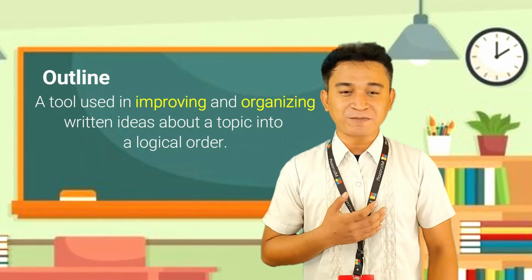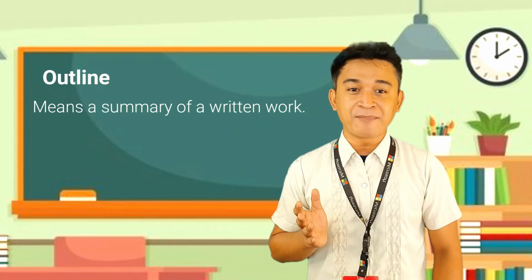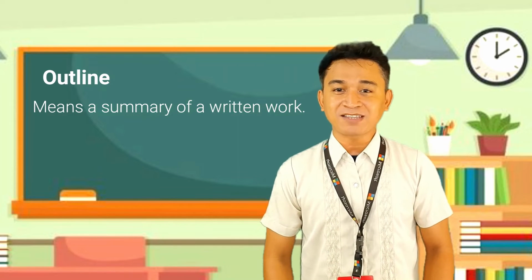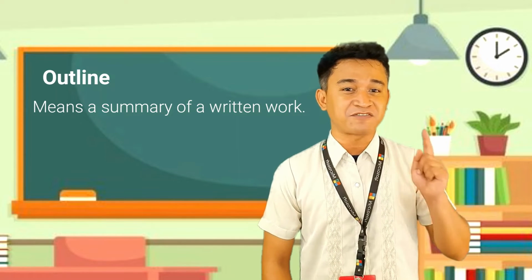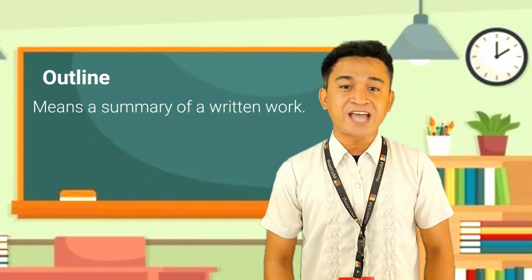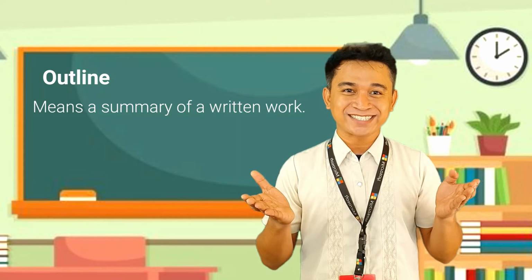According to Merriam-Webster Dictionary, an outline means a summary of written work. In writing an outline of a certain topic, it is very important to know the sources of information and to recognize them. Am I right?